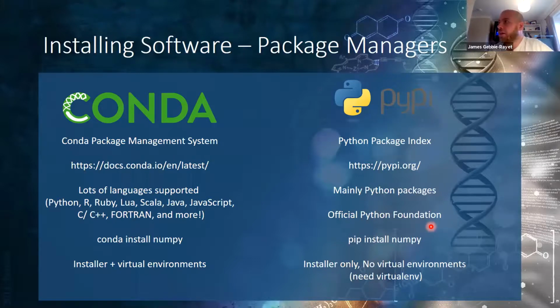So if you end up with a really complex dependency web, where one piece of software wants a version of, say, NumPy, and another piece of software wants a different version of NumPy, it's very difficult to install these side by side. So you'd probably use something like virtualenv in addition to PyPI, so that you can put the apps in different virtual environments. There are plenty of walkthroughs if you encounter this particular problem.